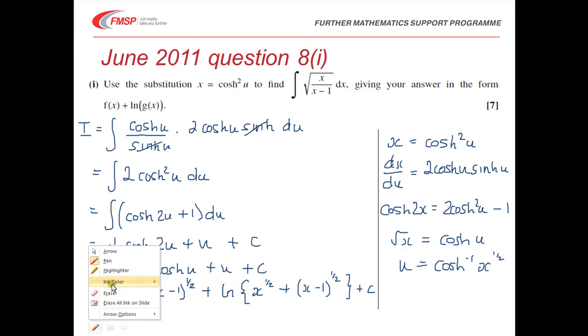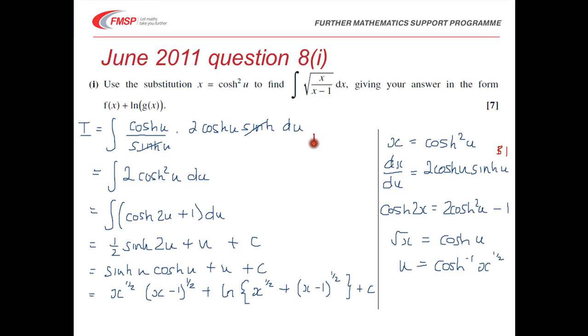There were 7 marks for that question, so let's have a look at how those marks are actually given. You got a B mark for just writing down dx by du. You got a method mark for making the substitution, and an accuracy mark if you got as far as 2 cos squared u, the integral.